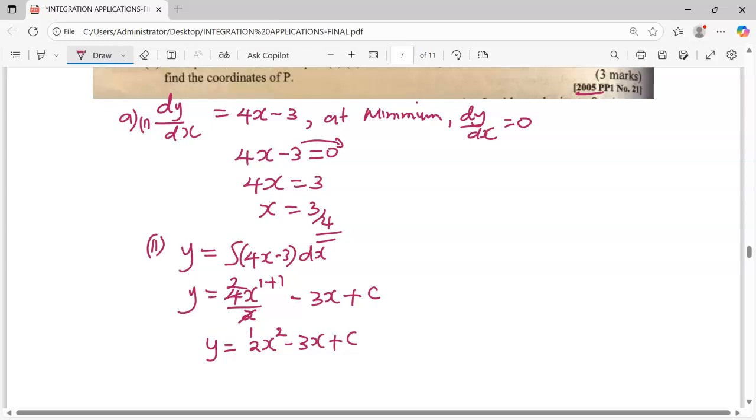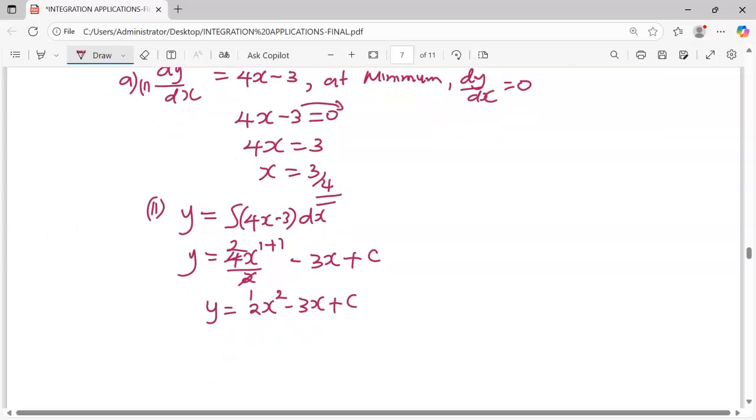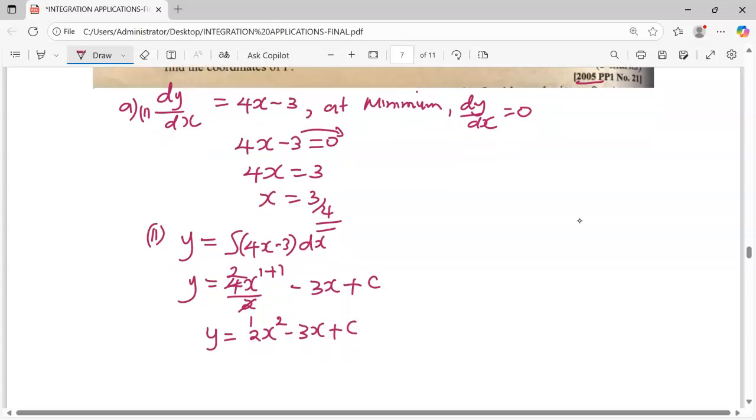Once we have the general equation, we can get the specific equation by getting the value of c. Remember, the value of x is 3/4, and that of y is negative 1/8. Using the x and y coordinates at the minimum point, we can get c.